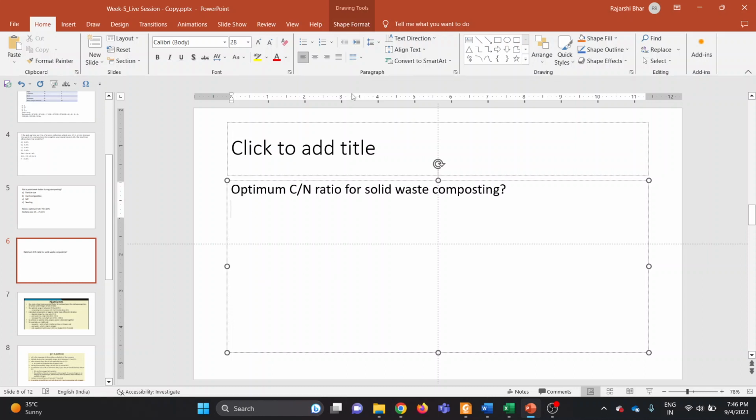Your options are, so these are your options. Which one do you think is the correct one?